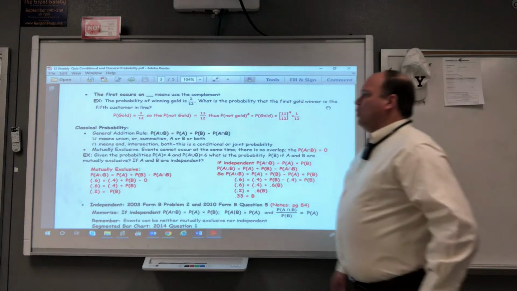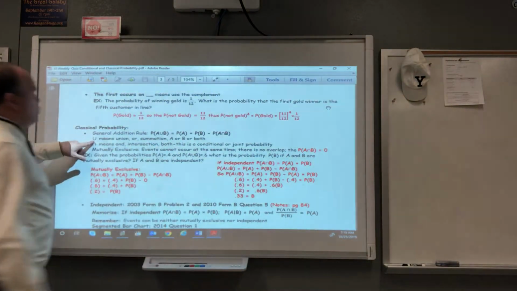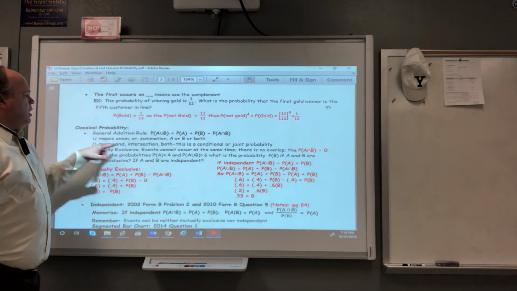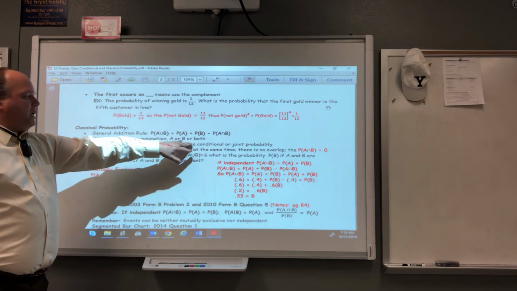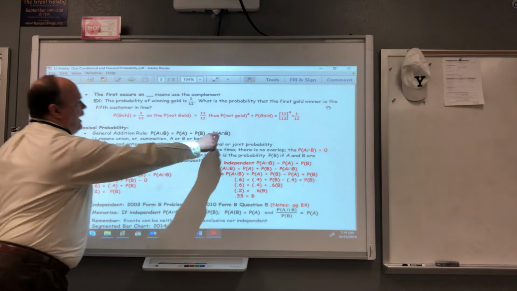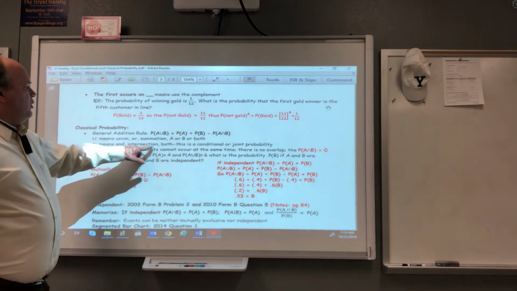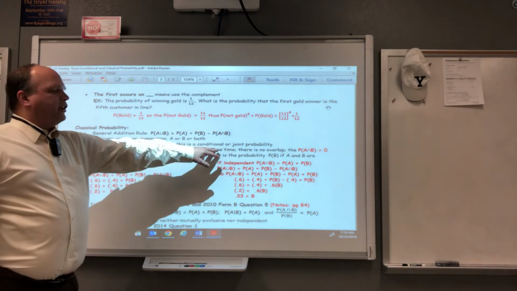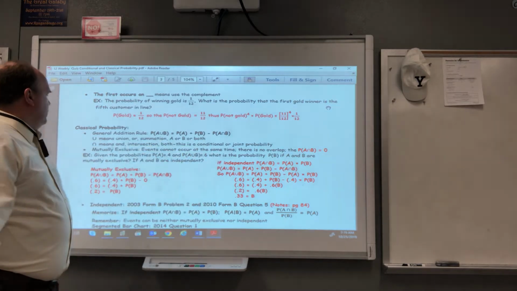You need to make sure that you understand that U means union or summation, or A or B or both. The ∩ for intersection means and, intersection, both, and this is a conditional or joint probability.